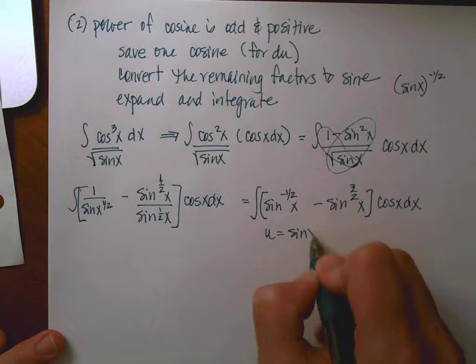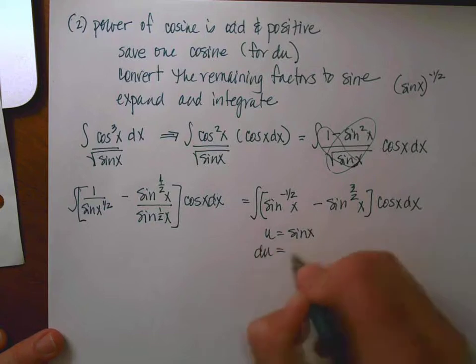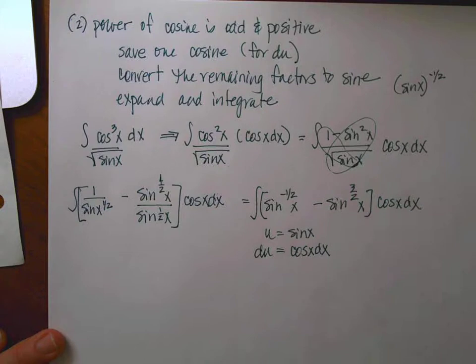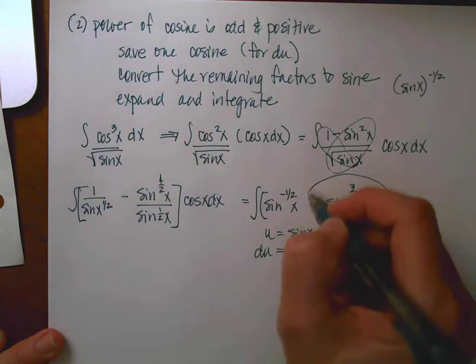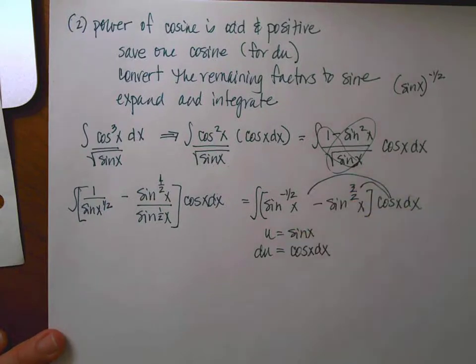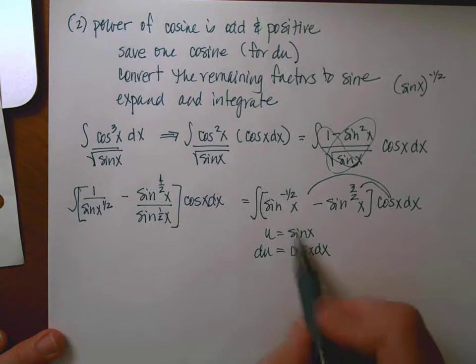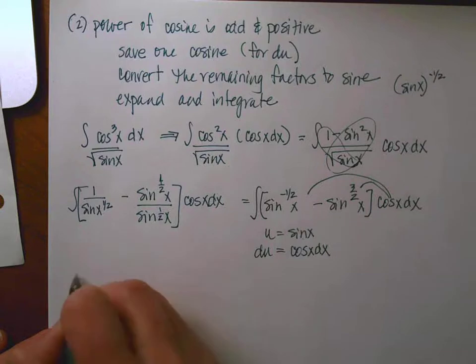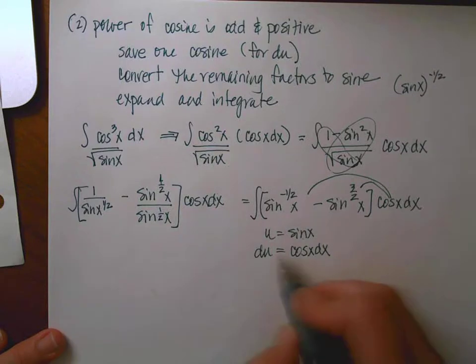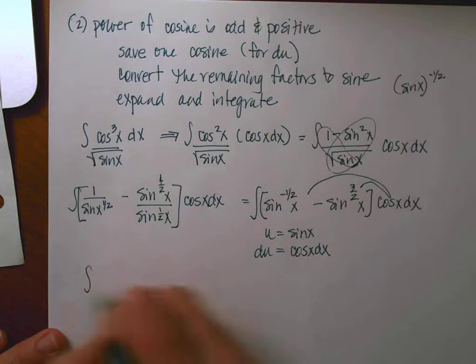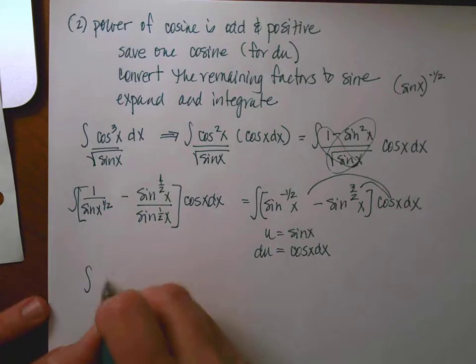So I'm going to let on this one my u equal the sine of x, and my du is going to equal the cosine of x dx. So remember, technically this gets distributed to both terms, and then I would separate each term. Okay, well, if u is the sine of x, then my integral, and then I have cosine of x dx, which is my du.